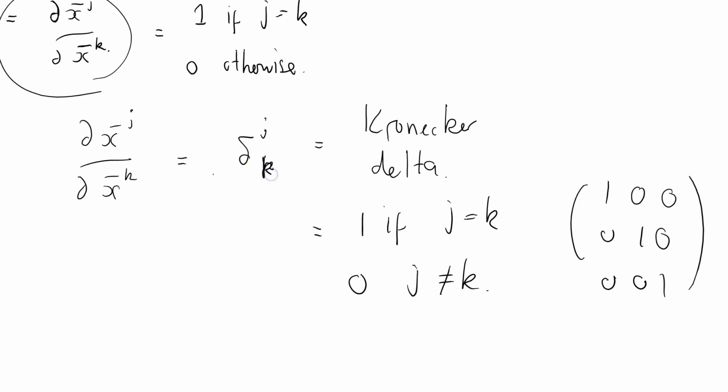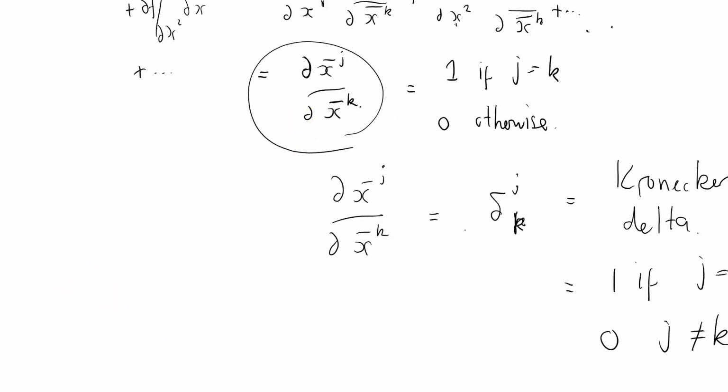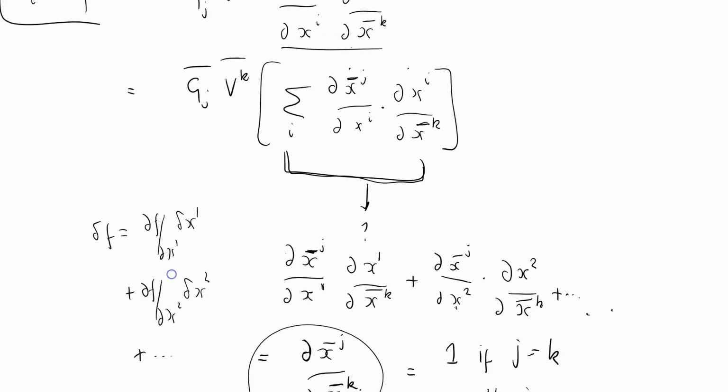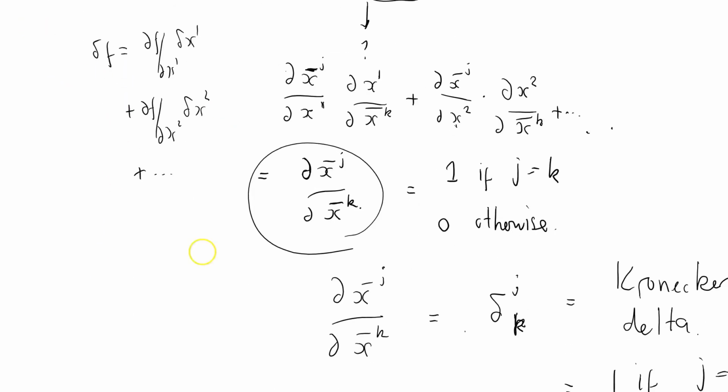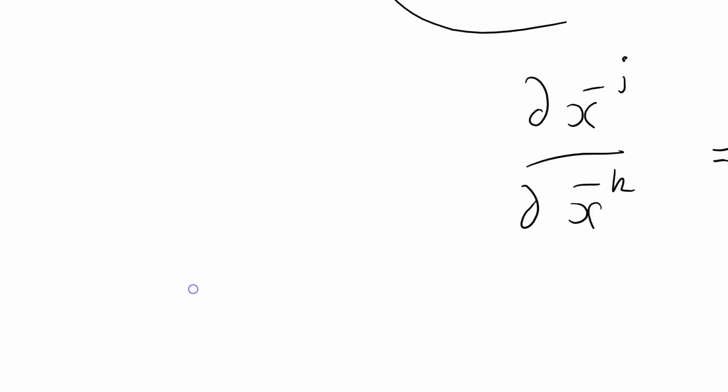Kronecker delta has always got one up index and one down index. I'll come back to this in a minute. So I'm just going to rewrite my expression from here. What have we got? We've got GIVI equals G, now what letters did I use?